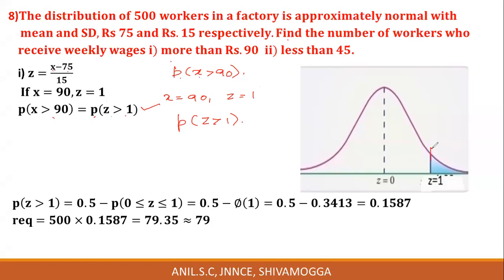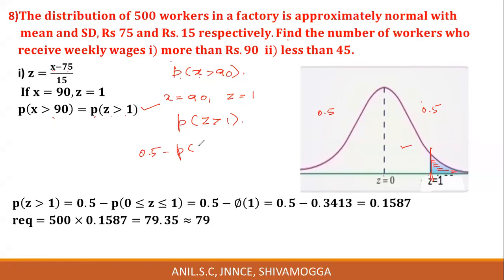This is same as previous case. This is the area where Z is greater than 1. On this side, we have half of the area under the curve, and this side, half of the area under the curve. How do you get this shaded area? You consider the area on the right hand side, that is half, and eliminate this unshaded area which is from Z equal to 0 to 1.